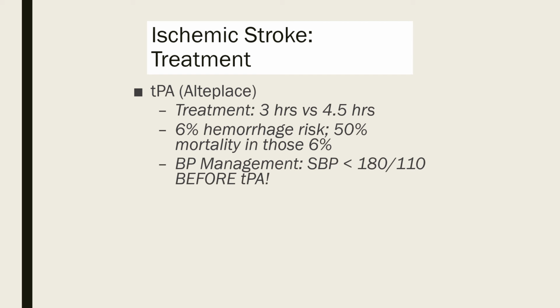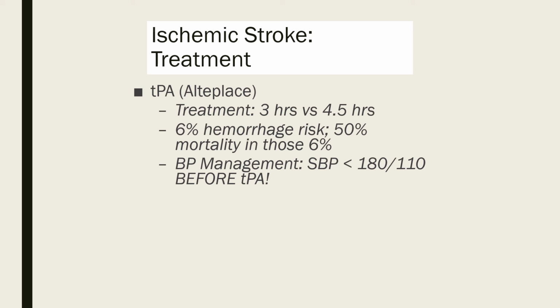Blood pressure management is really key. You need to keep their blood pressure less than 180/110 if you're giving a patient TPA, or actually before you give them TPA. This is because of the increased risk of hemorrhagic conversion with hypertensive emergency. So remember, for most ischemic strokes, you actually want their blood pressure to be high to increase perfusion of that area.